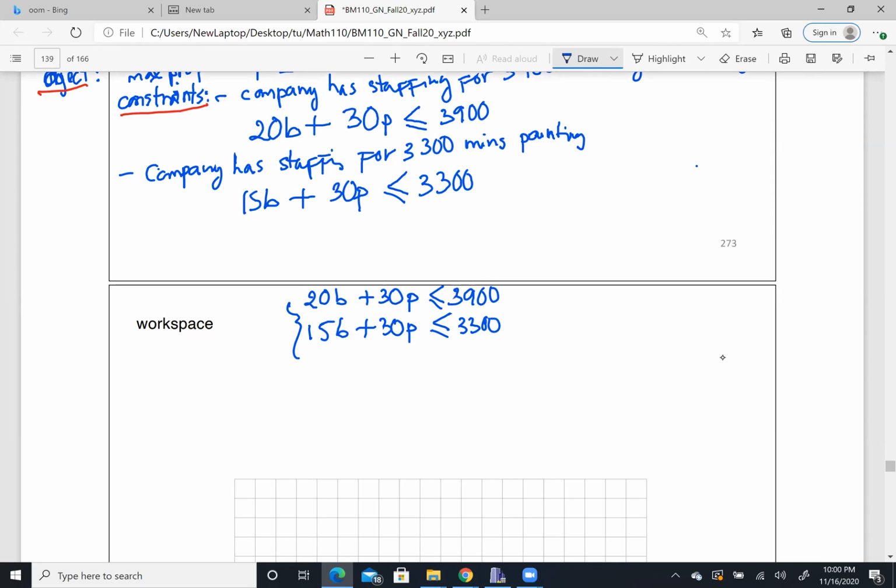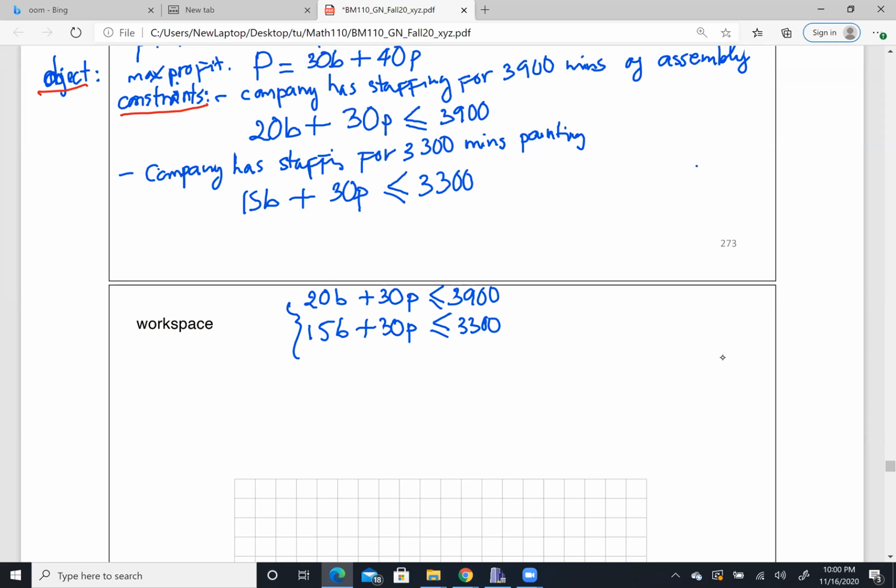And you should also know that B should be greater than or equal to 0, and P should also be greater than or equal to 0, since it's a real life problem. So we try to figure out the best number for B and P. Later we're gonna maximize the profit.